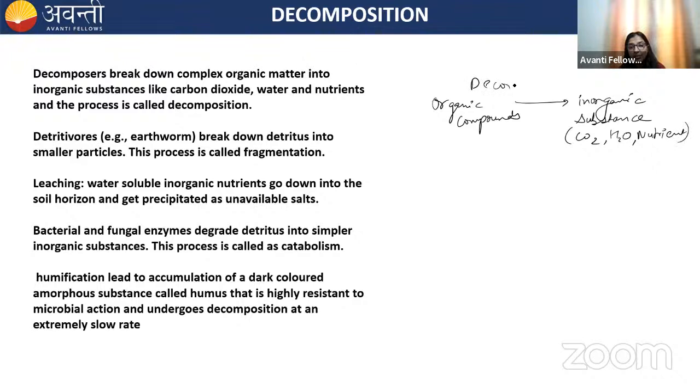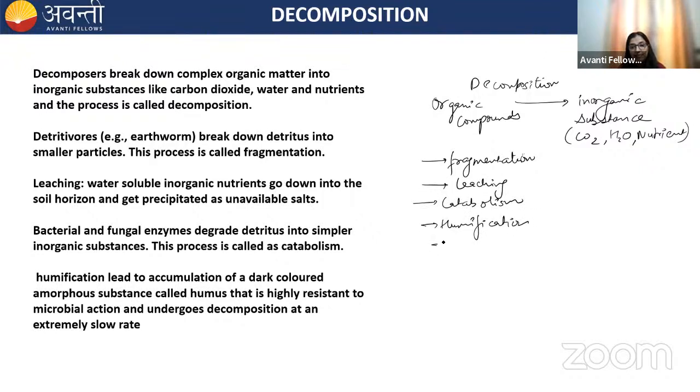The entire process is known as decomposition. And decomposition includes 4 steps. Number 1 is fragmentation. Second is leaching. Third is catabolism. Fourth includes humification and mineralization.